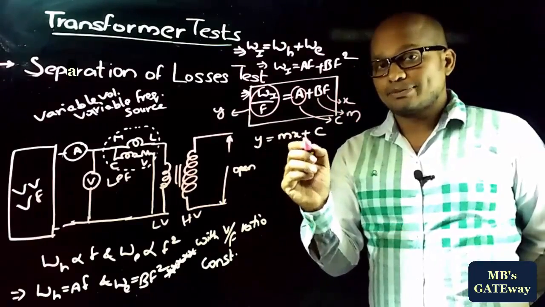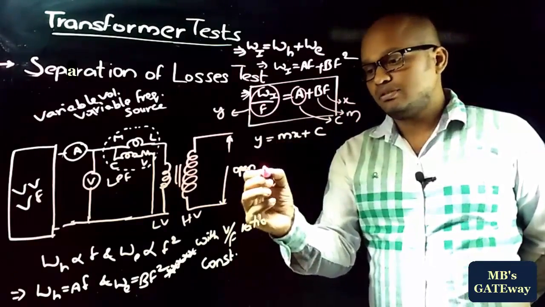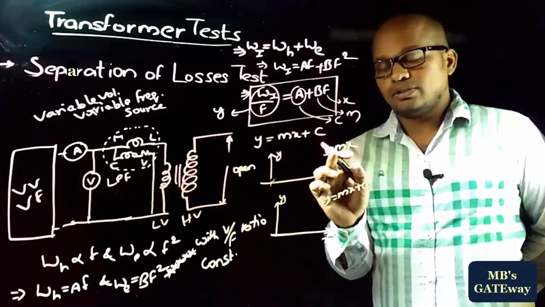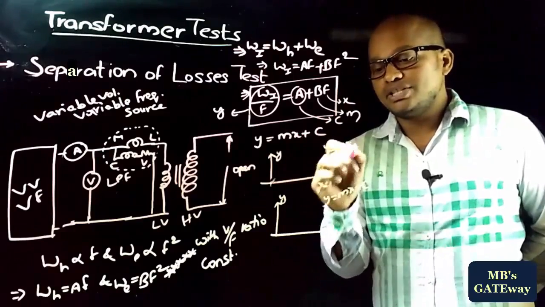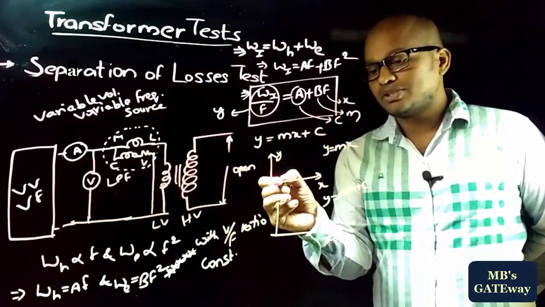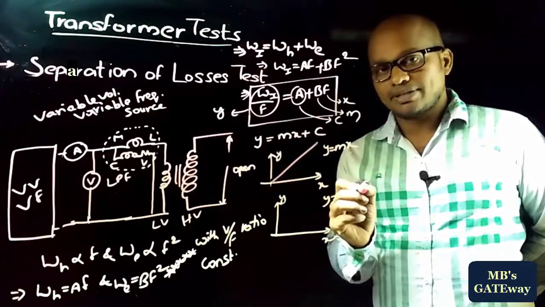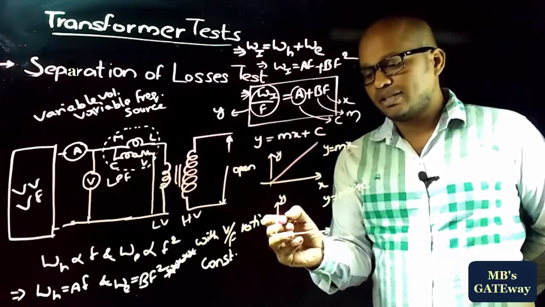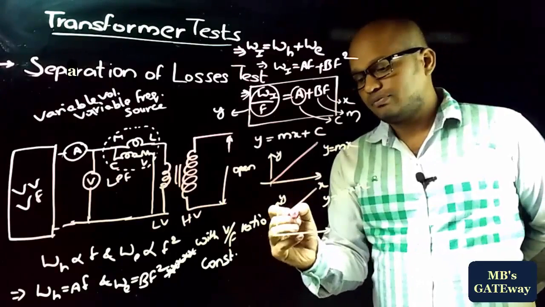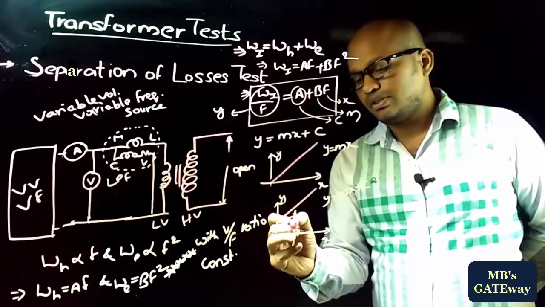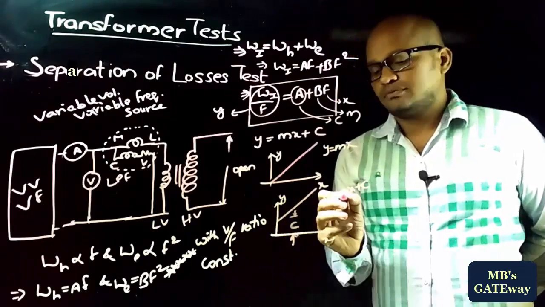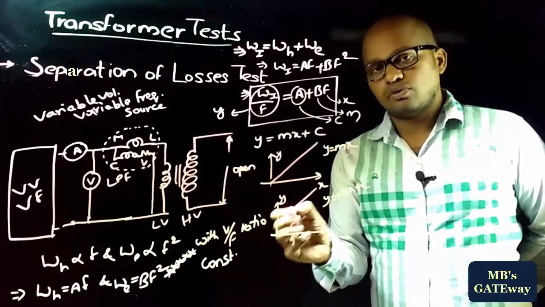Y equals mx plus c is a straight line equation. If constant c is 0, then y is equal to mx, which is a straight line passing through the origin. And if y is equal to mx plus c, then it is a straight line like this. From here to here it represents c, and m is the slope of the line.